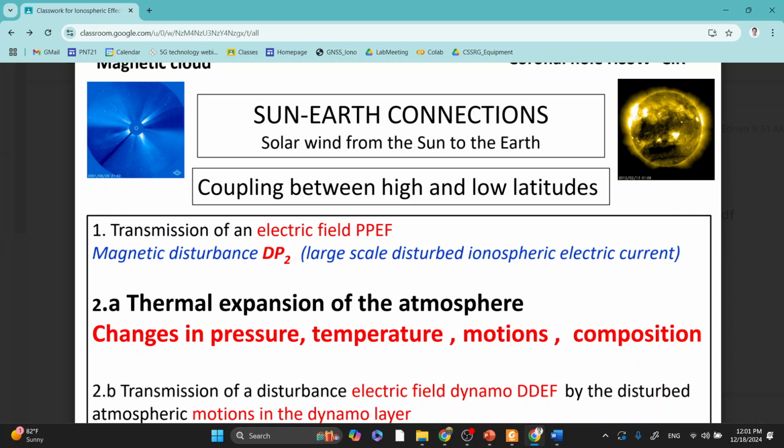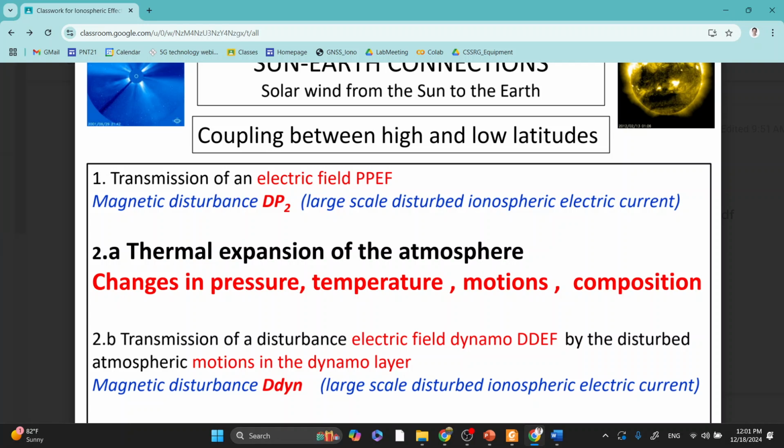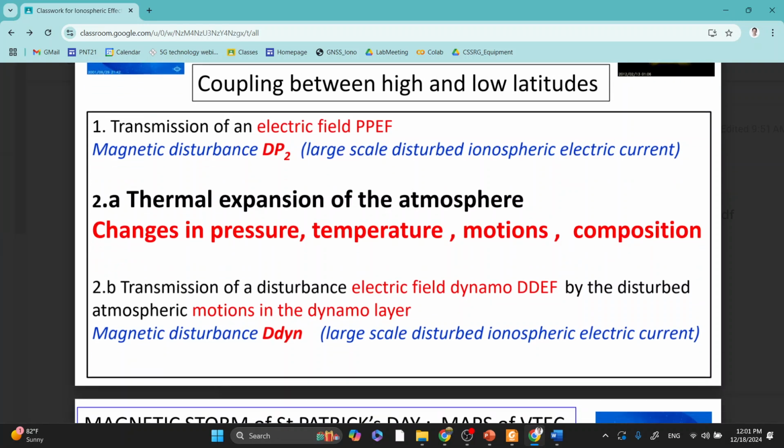Okay. So in one of these works, he was looking at some interesting terms called electric field PPEF, and what does it stand for? PPEF, prompt penetration electric field. Yeah. Okay. So they talk about this type of phenomenon when you have a large-scale disturbed electric current.